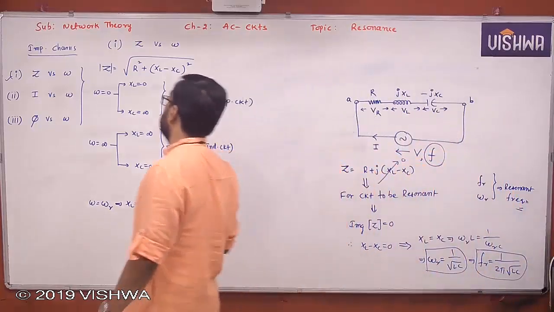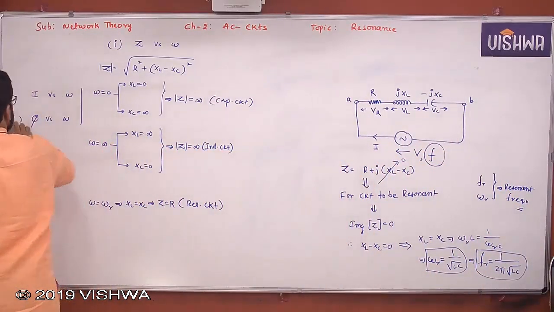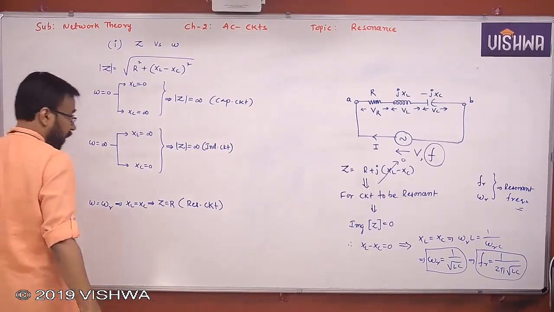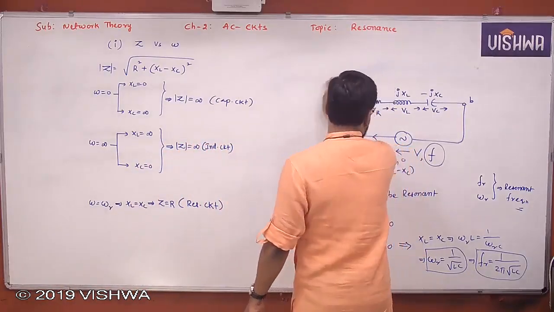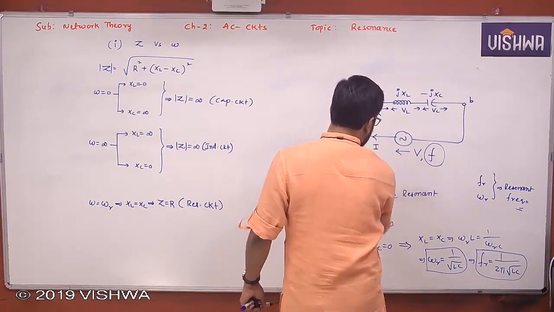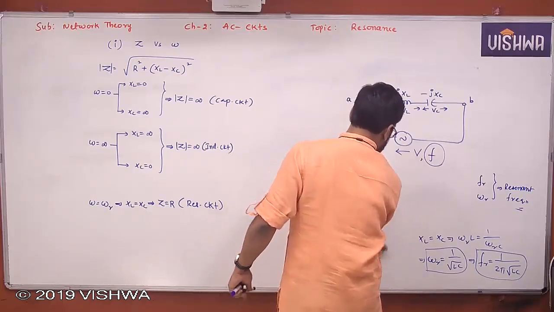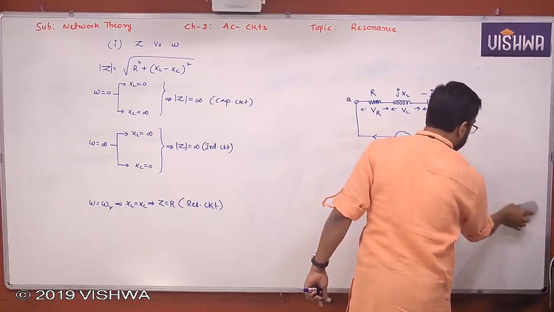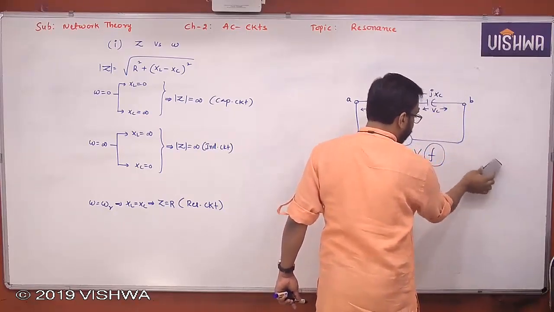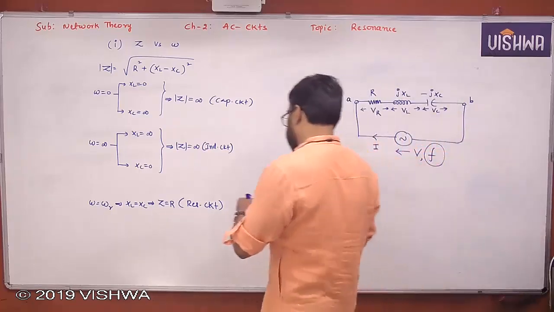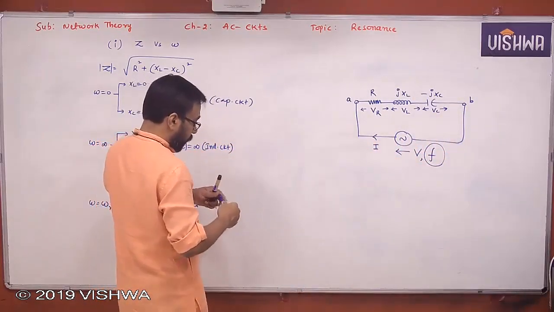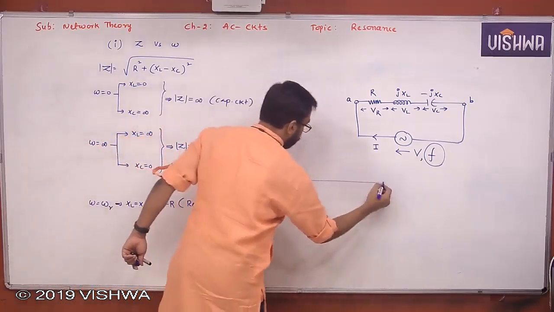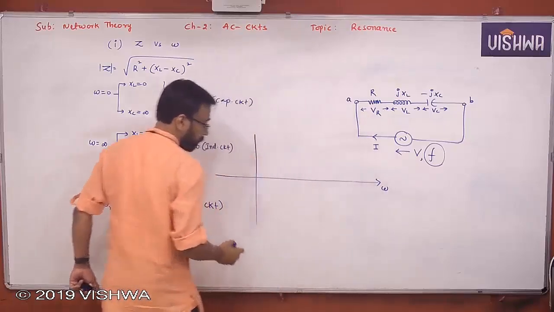We also see Z versus frequency, XL versus frequency, XC versus frequency, R versus frequency. Clear? So let me take this off for a moment. Let us see the characteristics, okay? Now if you see the characteristics, look at this all of you. Omega, right?